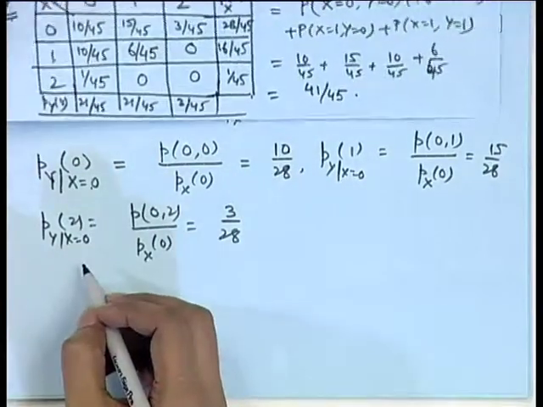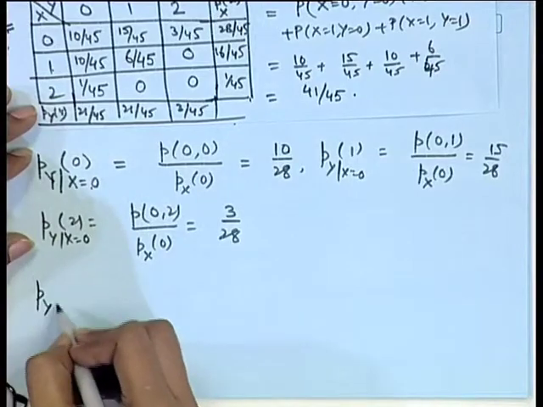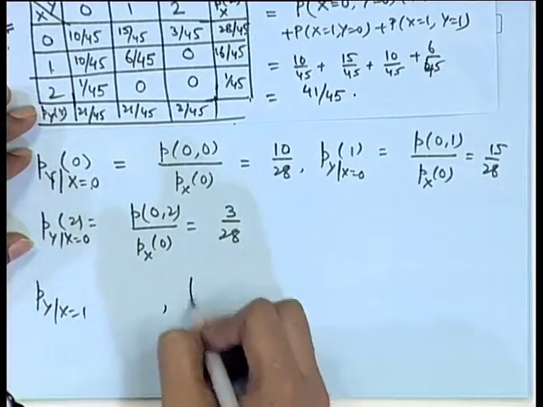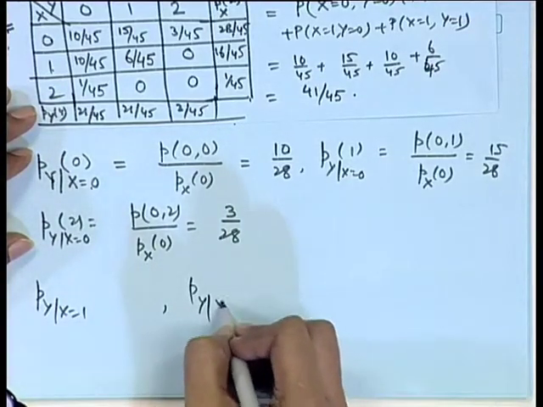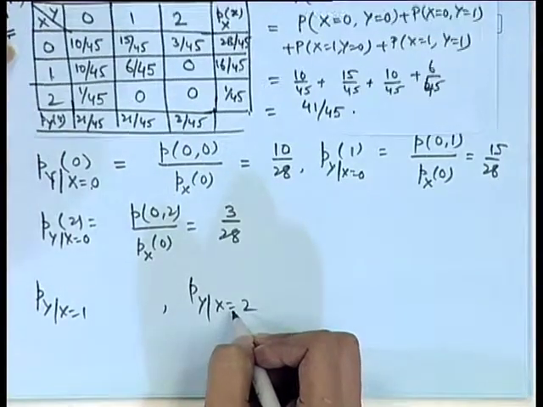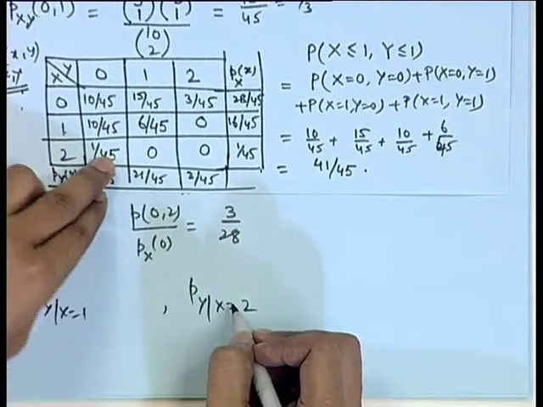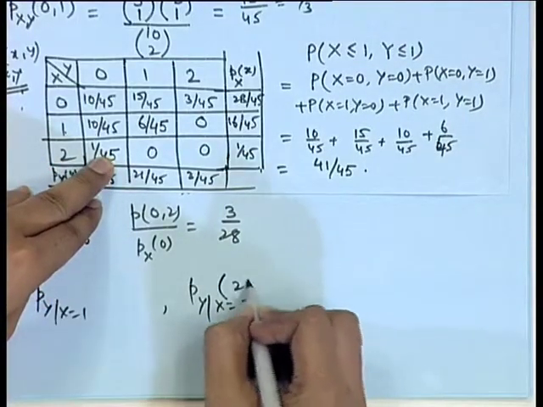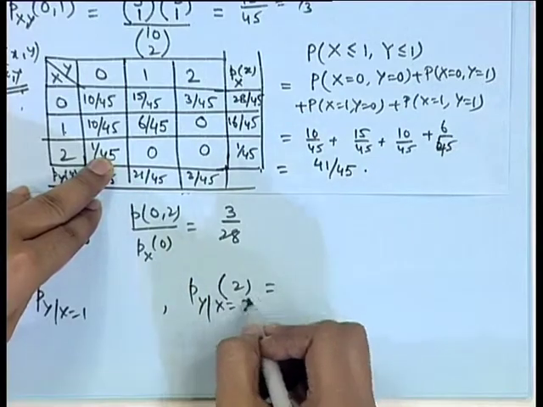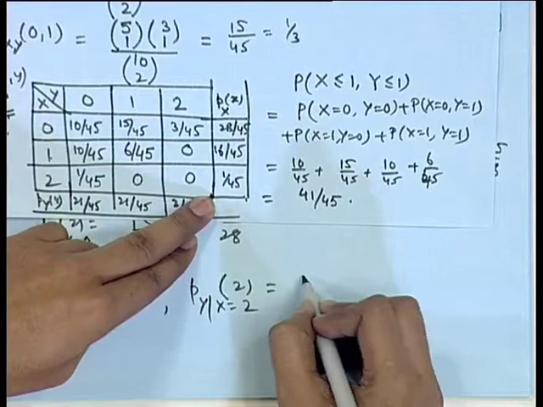In a similar way, one may calculate the probability distribution of y given x equal to 1, and of y given x equal to 2. Notice here that if I say x is equal to 2, then only y is equal to 0 is possible. So, the probability of y is equal to 0 given x equal to 2 will be 1.